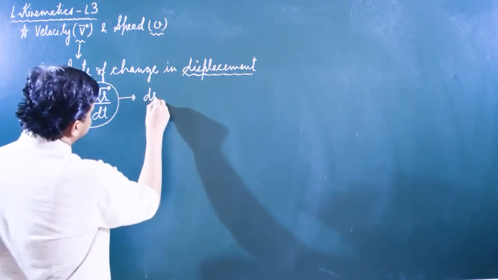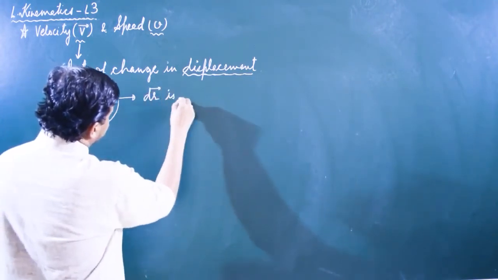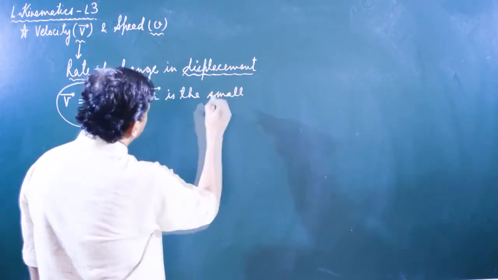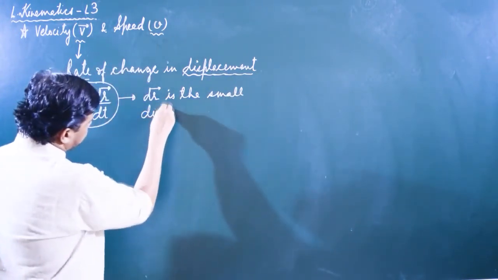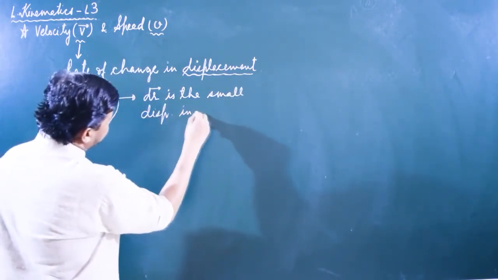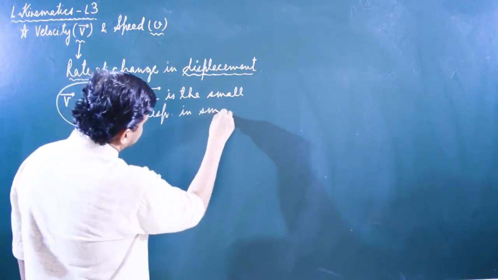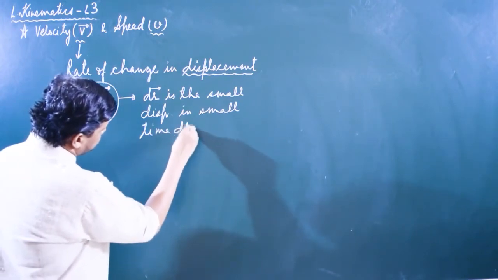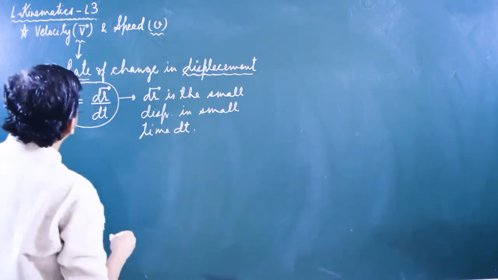So here dr is the small displacement in small time dt.